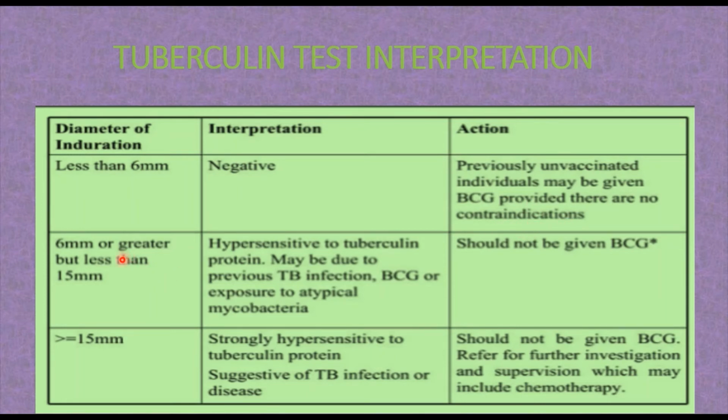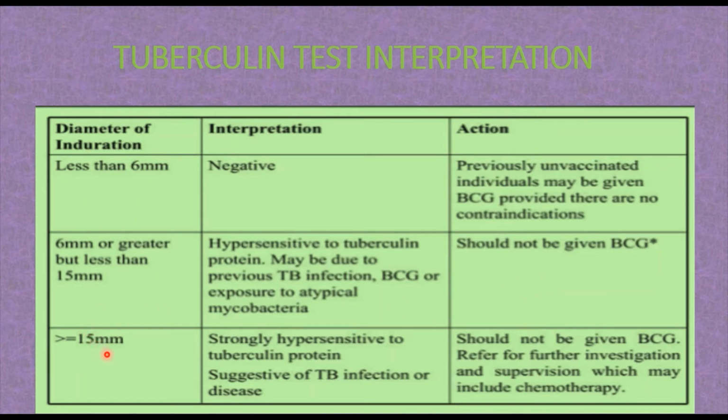If the size of the wheal is 6 millimeters or greater but less than 15 millimeters, then we can interpret hypersensitivity to tuberculin protein, maybe due to previous TB infection, BCG vaccine or exposure to atypical mycobacteria. The action is that the BCG vaccine should not be given.